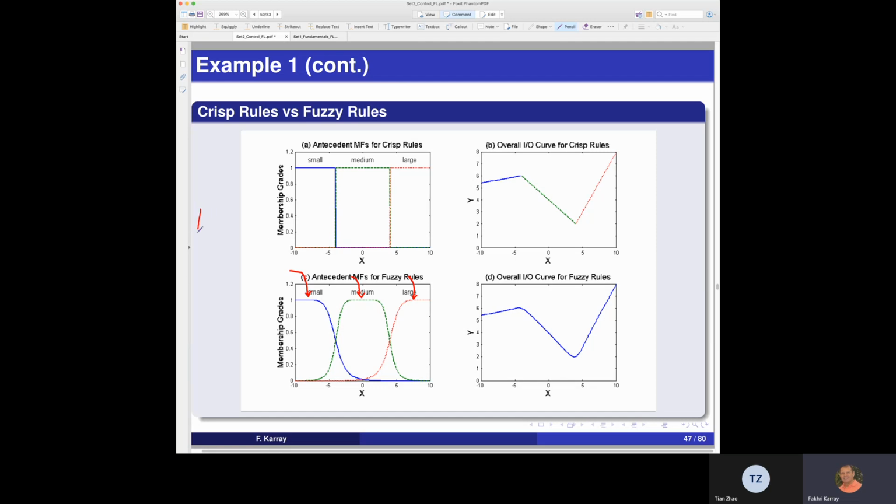If we dislocate all of these values, we have here X is small, X is medium, and then the third one is the large membership function. So all these are the three rules.